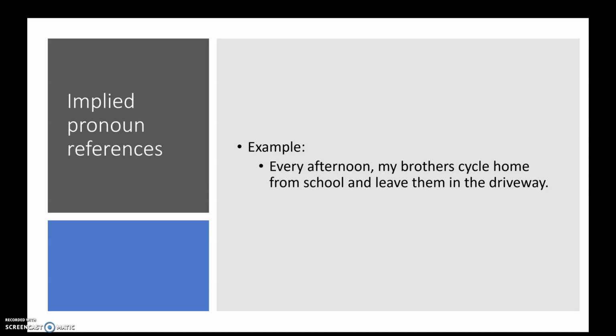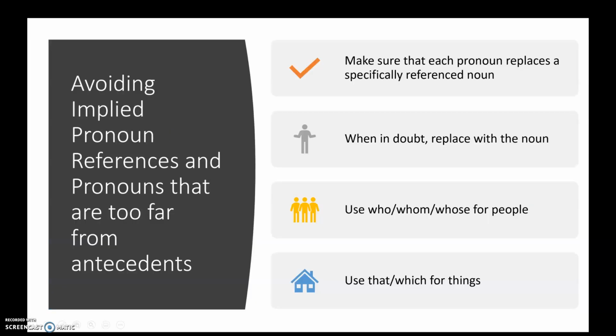But the bicycles are never stated. So grammatically, what it's saying is every afternoon my brothers cycle home from school and leave each other, the brothers, in the driveway. So to fix it, we would say what they're leaving in the driveway. Every afternoon my brothers cycle home from school and leave their bikes in the driveway. And then that fixes the problem.